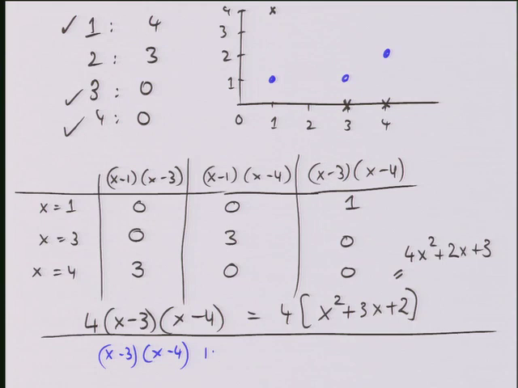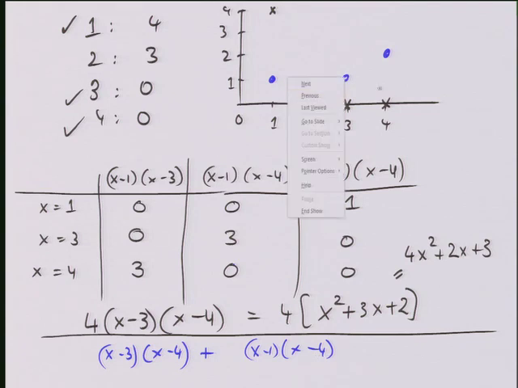Then we add to it a polynomial corresponding to 3, some multiple of x minus 1 times x minus 4. What multiple do we want? 1/3, because this has value 3 at 3 and 0 everywhere else, and we want value 1 at 3 and 0 everywhere else.